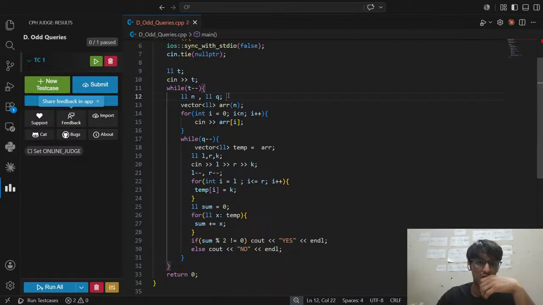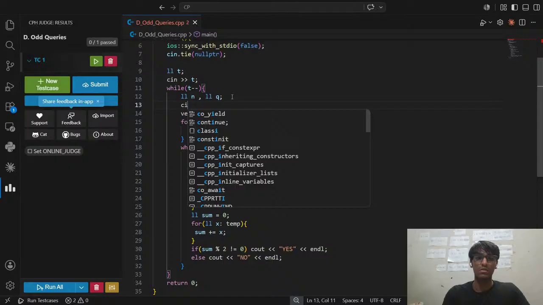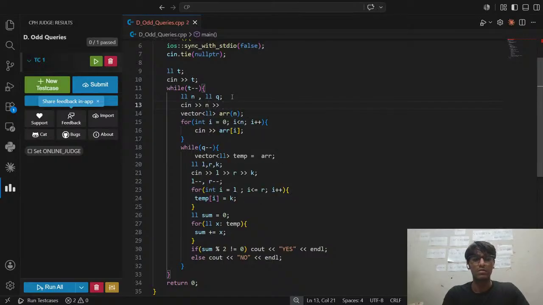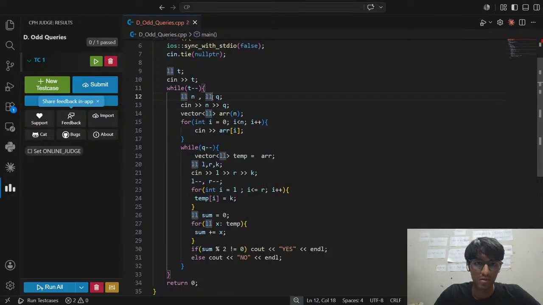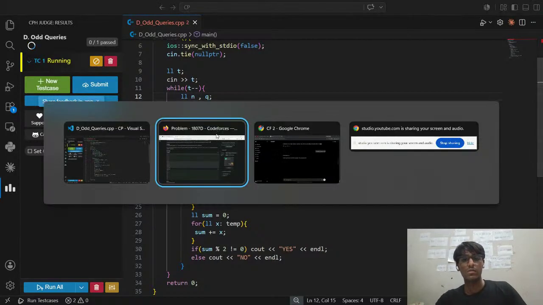Oh yeah, even error. Okay, that's not the right way. Oh no, that's not how we finish. Initializing.